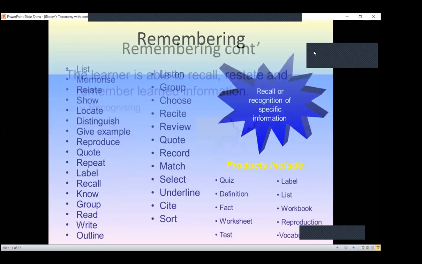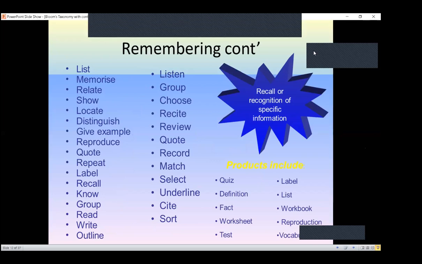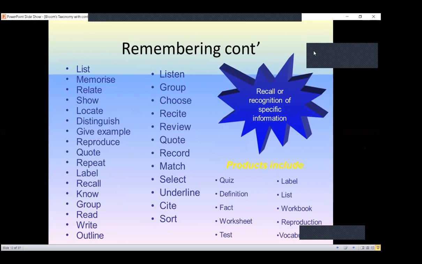So if you can see a few words over here, you can say, okay, list certain things, or memorize a poem. You can relate this to some other things. You can show certain things on the map. You can choose.